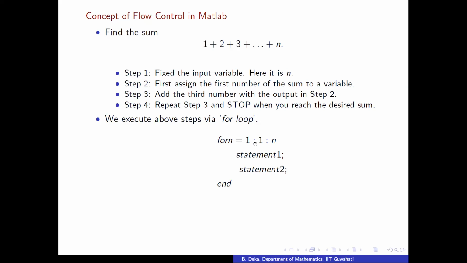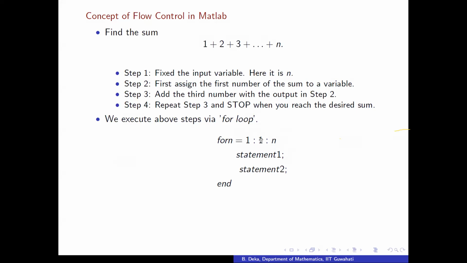That means next step it will be value 2. And then it will continue to a final step, that is the desired step. That means you have to add n numbers. So this is the length of the loop that you have to fix. Whether you wish to add 10 integers, or 100 integers, that has to be fixed there.